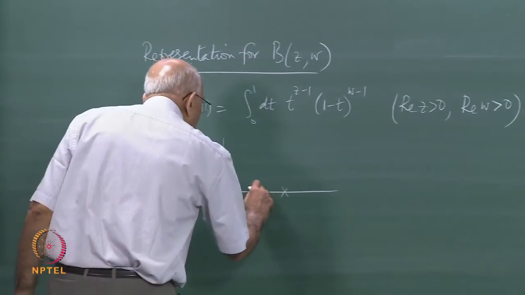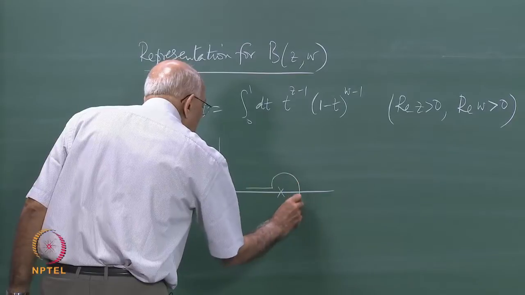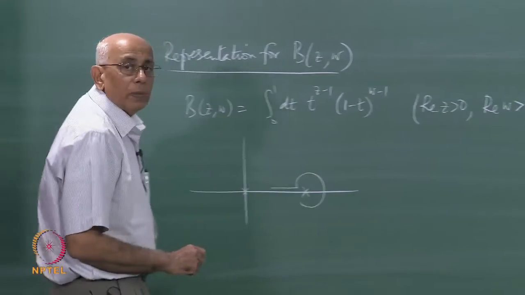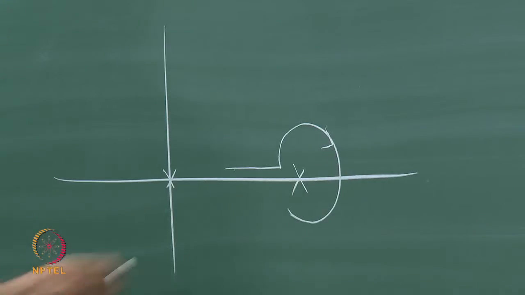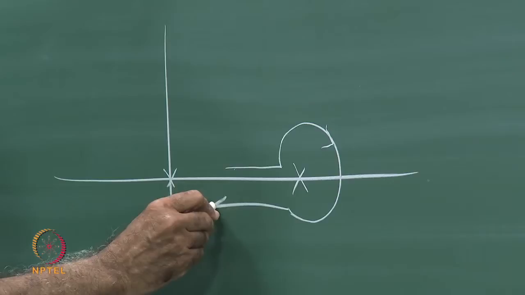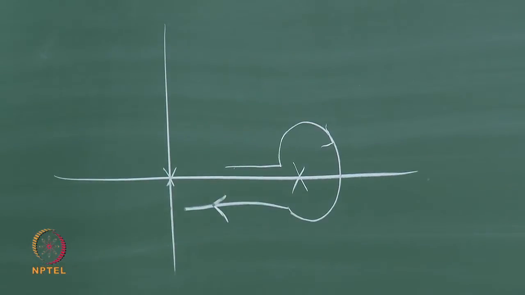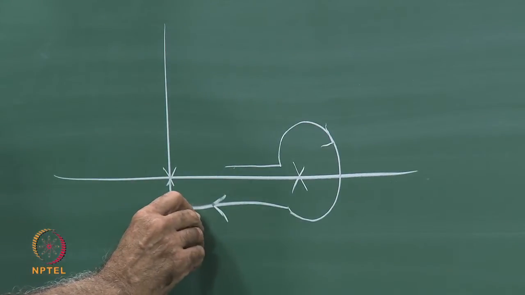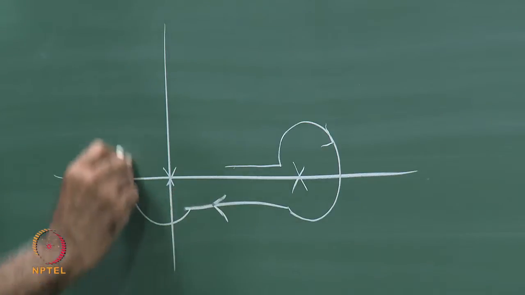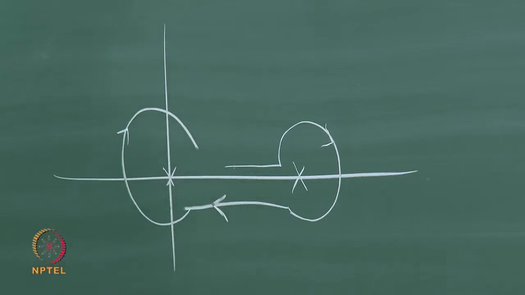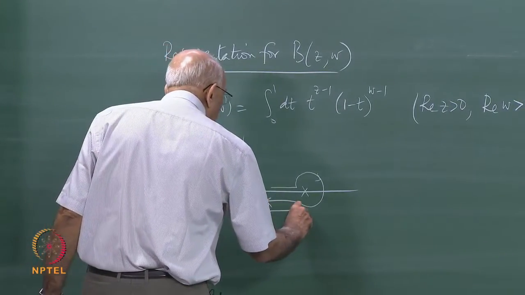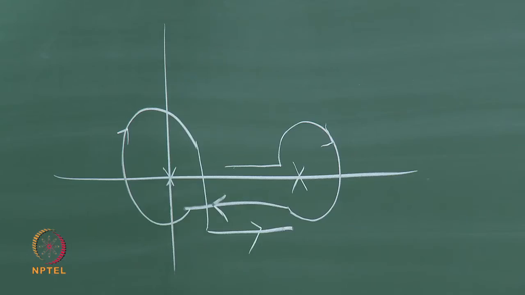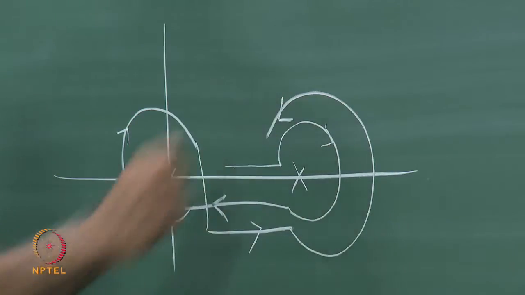The phase is 0 out here, and I move along like this, and I go around this once in the negative sense in this fashion, and then I go back in this direction and go around this too in the negative sense, again in the negative sense. I come back here and go in the positive sense, I am exaggerating in this figure, and I go around like that in the positive sense.